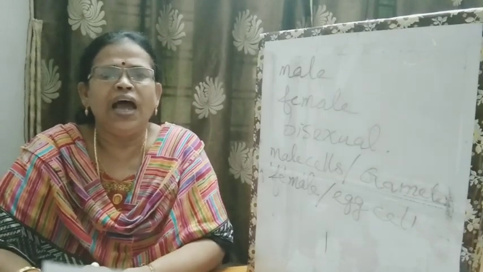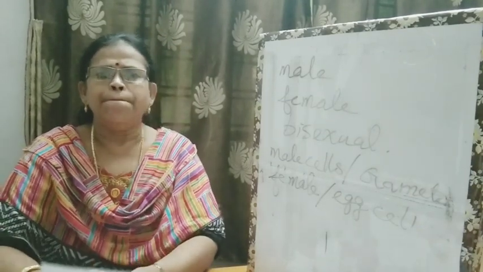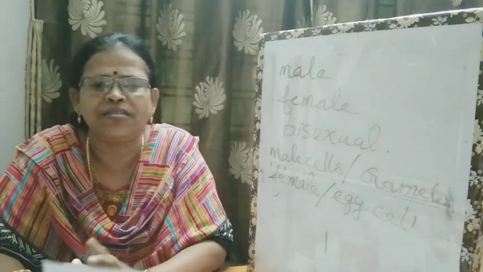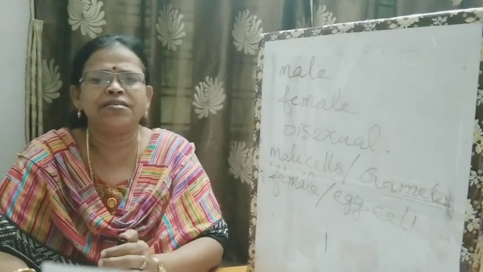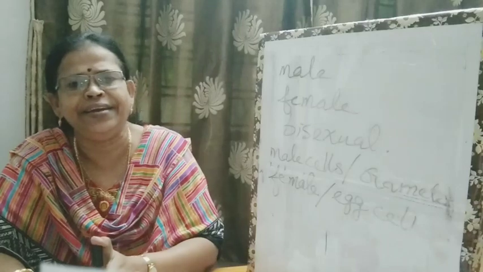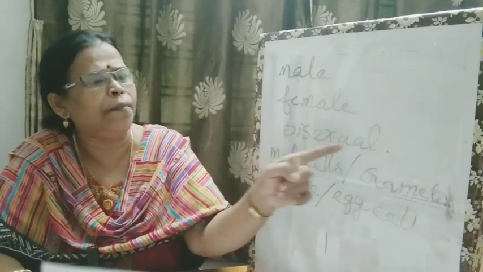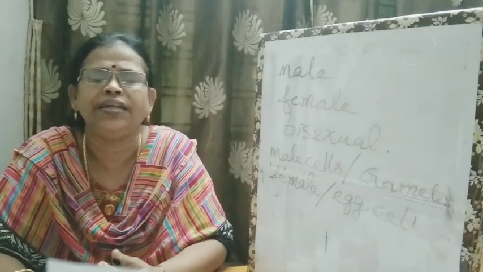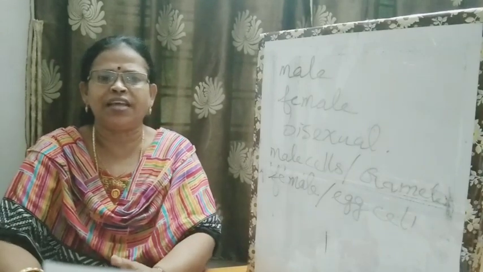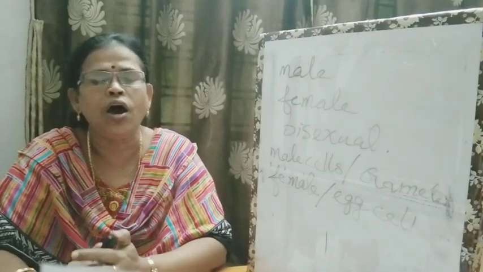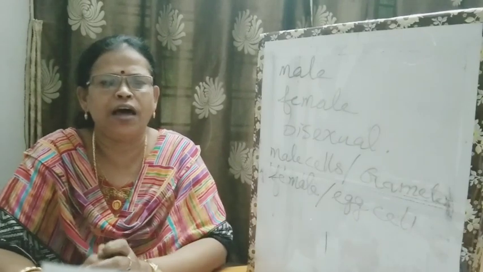A flower which contains both the essential parts, androecium and gynoecium, is called a bisexual flower. Another name for this is hermaphrodite or perfect flower.